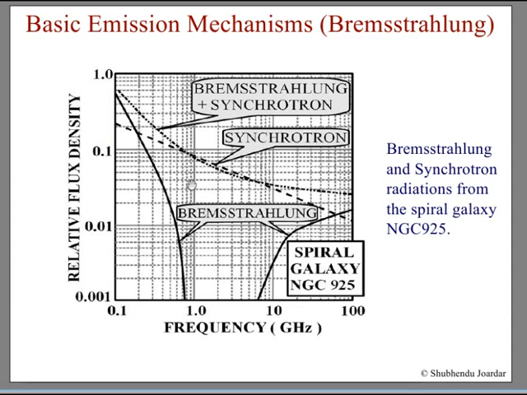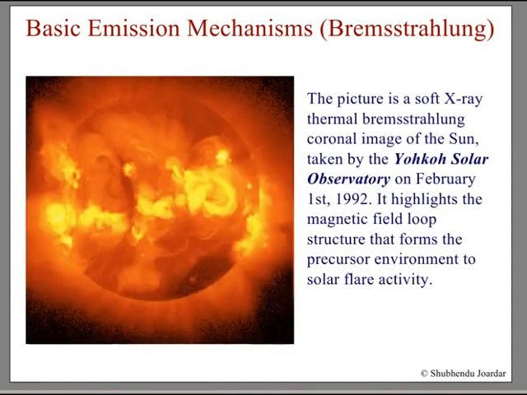These portions are due to Bremsstrahlung, and this long one is due to the synchrotron. Synchrotron radiation is generally asymptotically straight, something like this, in log-log scale, and then you have this Bremsstrahlung plus synchrotron radiation. This is just an example of the kind of things we are dealing with in radio astronomy.